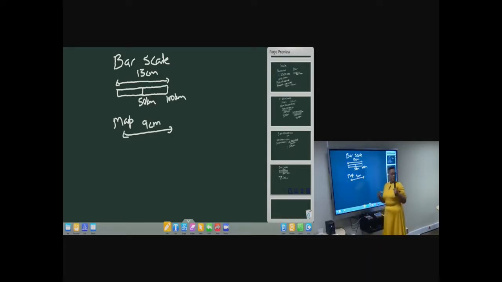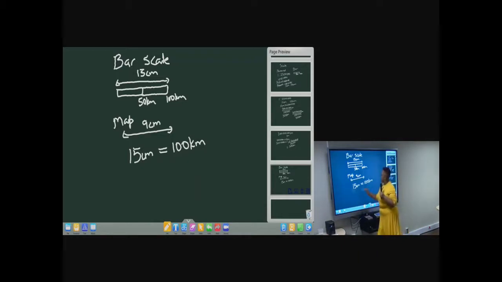The next thing you do is use your proportion. That's why I said it's important to make a follow-up lesson on yesterday's lesson. You have measured 15 centimeters, and on that bar scale it is equivalent to 100 kilometers.